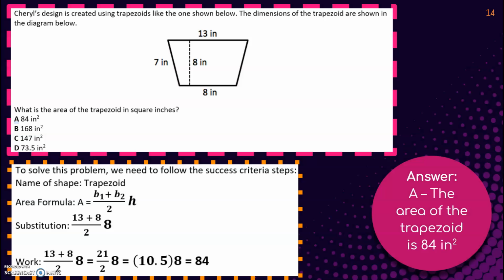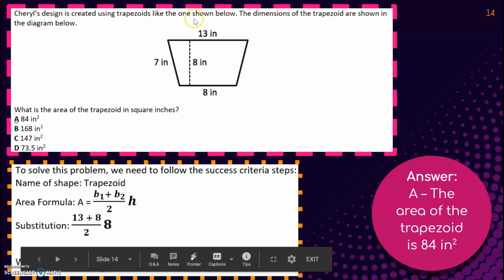Let's take a look at another one. Cheryl's design is created using trapezoids like the one shown below. The dimensions of the trapezoid are shown in the diagram below. What is the area of the trapezoid in square inches? So again, to solve this problem, we'll follow our success criteria. So the name of our shape is a trapezoid. Our area formula is area equals base 1 plus base 2 divided by 2 times height.